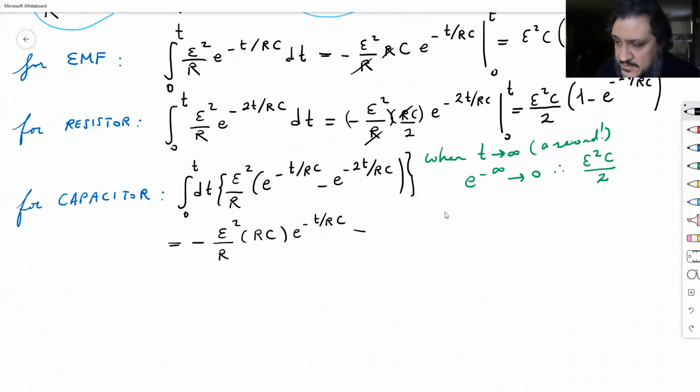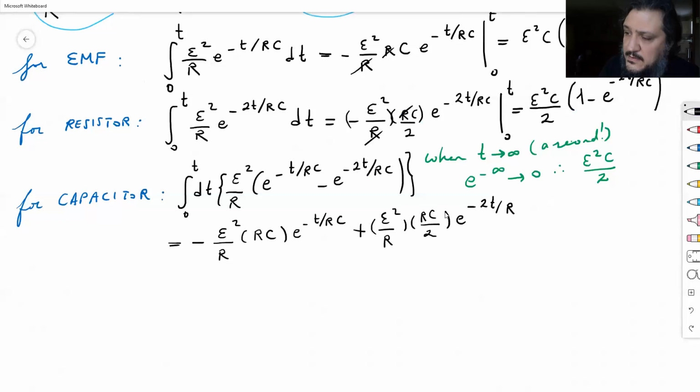This is also negative, makes positive. E squared over R times RC over 2, e to the power negative 2t divided by RC. Okay, so get rid of the R's.